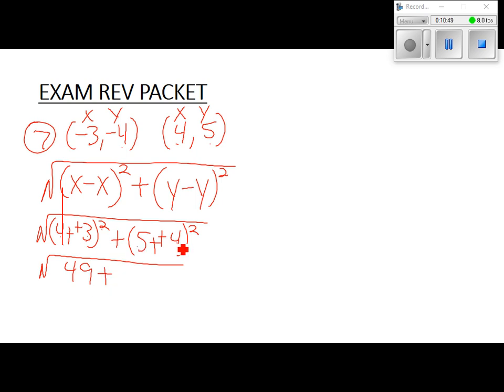Plus 5 plus 4 is 9. 9 squared is 81. Add those two, and it's going to give you something there. Then take the square root. Actually, it looks like on the answers, you might not have to take the square root there, but that will give you your answer. Number 8.